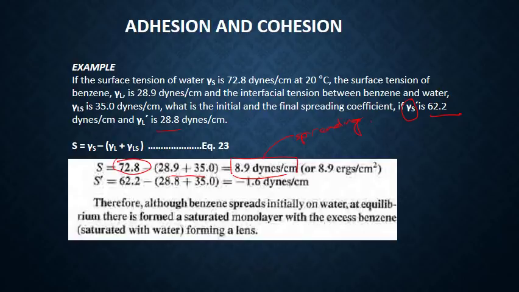So what is the spreading coefficient after equilibrium? This is the answer, and it becomes negative. Therefore, although benzene spreads initially on water, at equilibrium a saturated monolayer is formed with the excess benzene forming a lens.